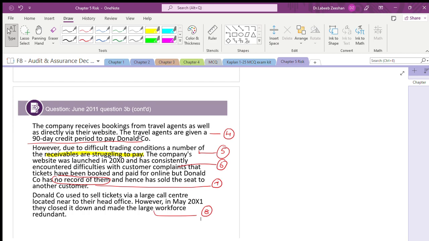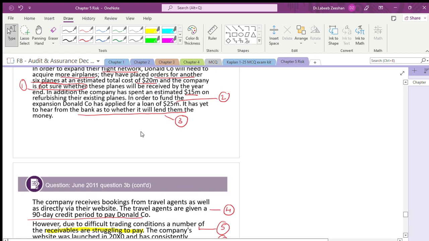There is an audit risk. Once you have sold a ticket, that ticket must not be sold again. It has to be blocked. Otherwise you will have 200 seats but the number of passengers will be 300. This is the way it will happen. In the same way you have to work it out. Are you clear about this?